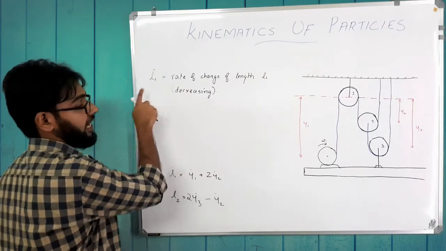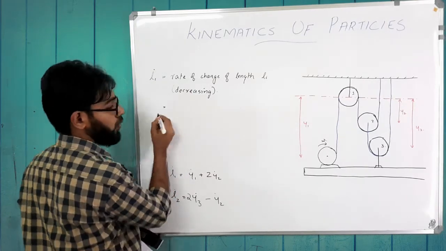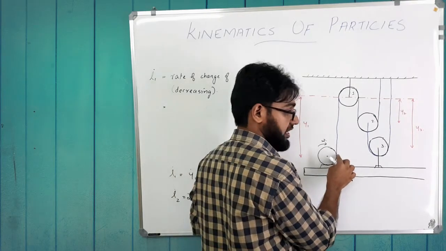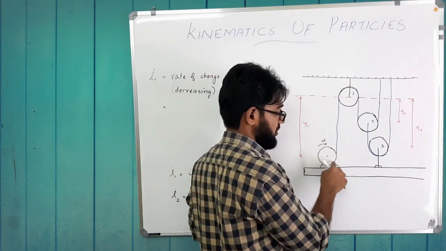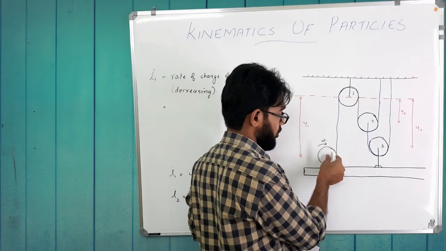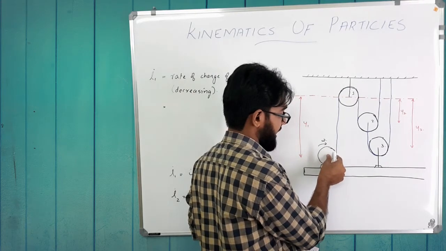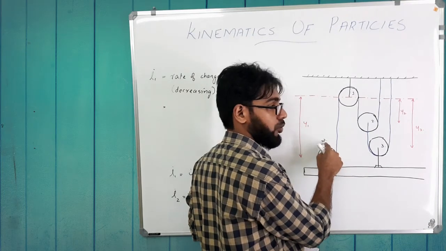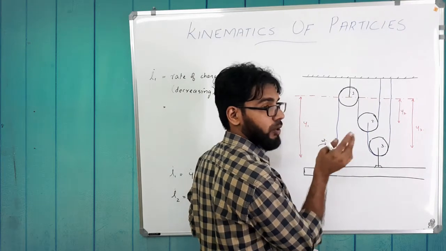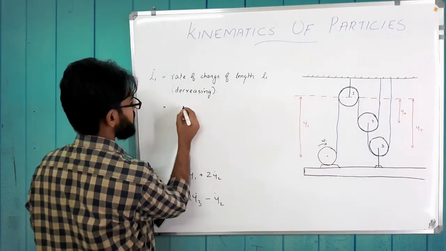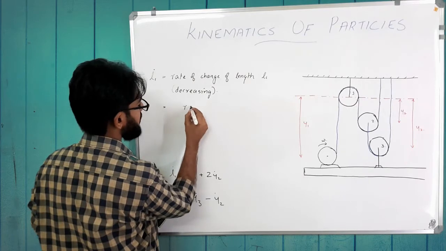Now this L1 dot will be equal to the tangential velocity of this corresponding rotor. This rotor has a radius r equals 100 mm and an angular velocity omega equals 4.19 radians per second. So L1 dot will be equal to r omega.